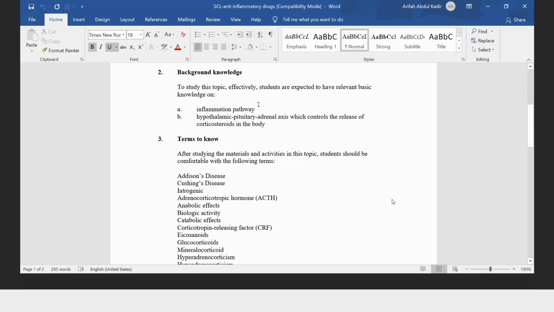Path 1 is basically on degeneration, inflammation, necrosis, and so on. I presume that you have gone into detail on inflammation. You must know the inflammation pathway. Secondly, the hypothalamic pituitary adrenal axis, which controls the release of corticosteroids in the body. This is your physiology, so you need to know both.